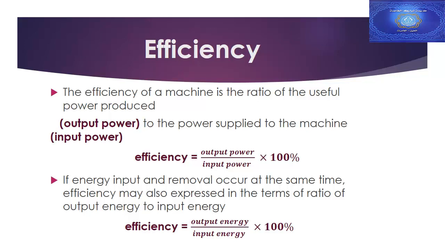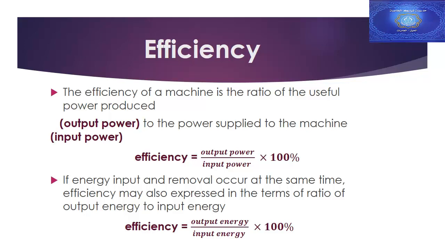But engines do useful work with some of the energy supplied to them, and the rest is wasted as thermal energy. So not all systems are closed systems. Some of the energy supplied is wasted or lost in the form of thermal energy.